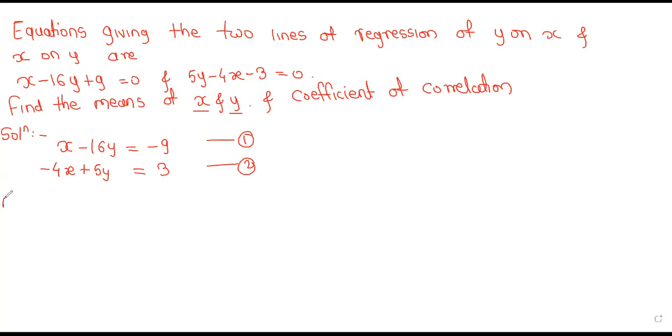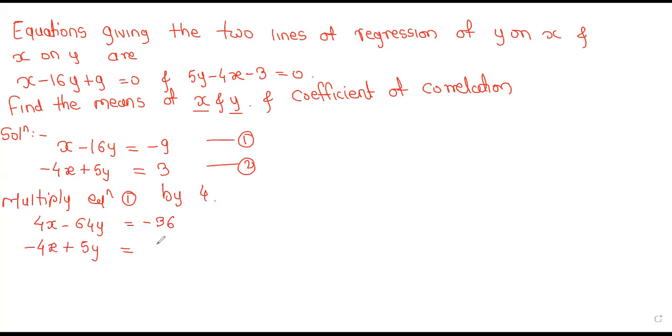Now multiply equation 1 by 4. So we get 4x minus 64y is equal to minus 36, and the second equation is minus 4x plus 5y is equal to 3.